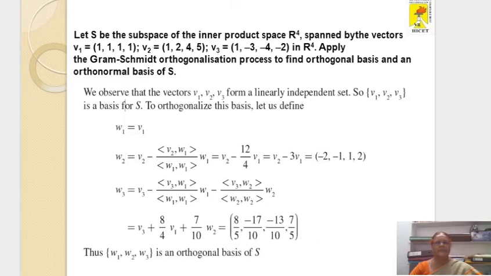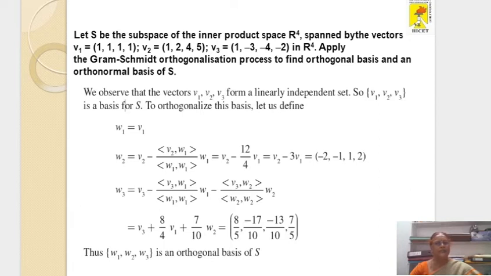To orthogonalize the basis, let us define W1 equal to V1, W2 equal to V2 minus inner product of V2, W1 by inner product W1, W1 into W1, which is V2 minus, find out inner product V2, W1. Here we have got V1 equal to W1. So for W1, we take the values of V1, 1, 1, 1, 1 into V2.